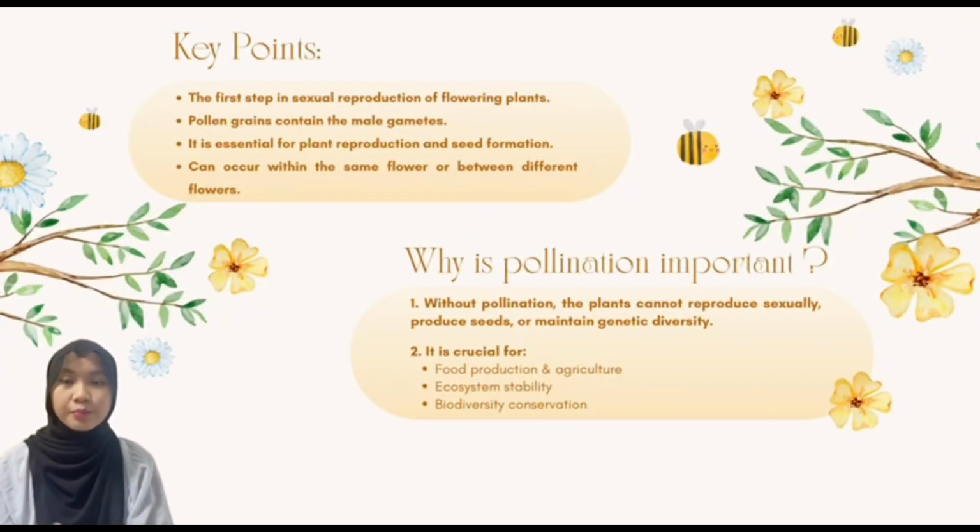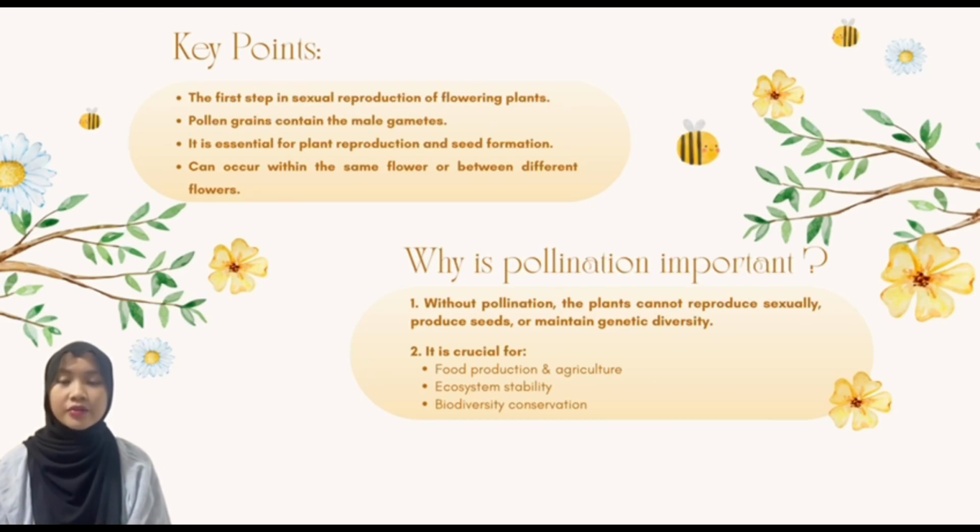Why is pollination important? Pollination is extremely important because plants cannot reproduce sexually without it. It plays a key role in food production and agriculture, especially fruits, vegetables, and crops. Secondly, ecosystem sustainability, as plants are the base of most food chains.